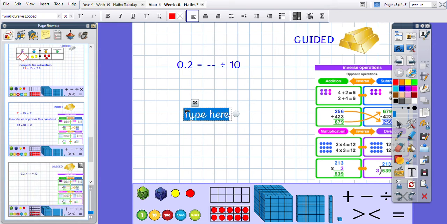So we'd still be doing 0.2 times by 10 to find our missing number. So we know that 0.2 times 10 is just 2, because we're making the 2 tenths 10 times bigger, so it would move to our ones column to make 2. So our missing number then in our original number sentence is 2.